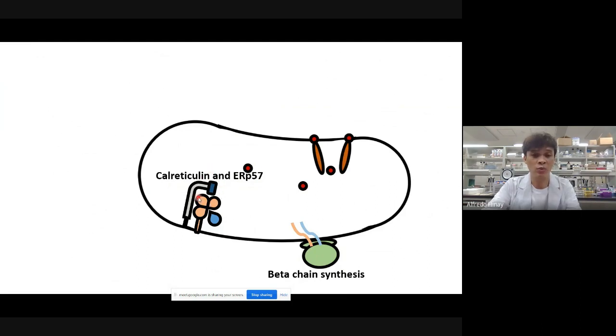alpha 1, alpha 2. Kasi meron tayong mga endogenous class, endogenous antigen. Aside from the process 1, meron tayong mga endogenous antigen. Yung function ni calreticulin at saka ERP57 is to protect the binding site, na dapat yung binding site na alpha 1, alpha 2 will only bind to the pathogen peptides.